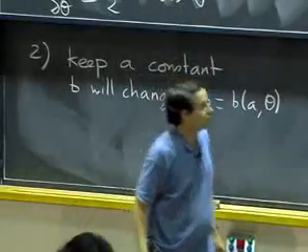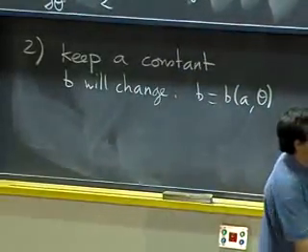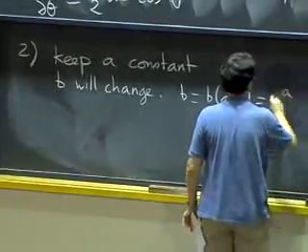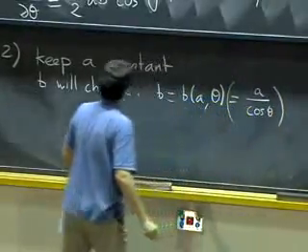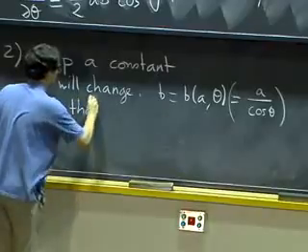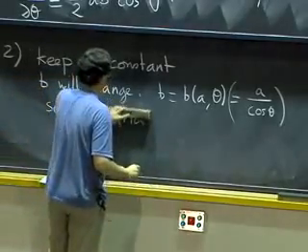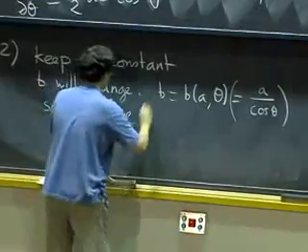In fact, here we know what the function is because we can solve the constraint. Namely, B is A over cosine theta. But we don't actually need to know that. So that we keep a right angle.